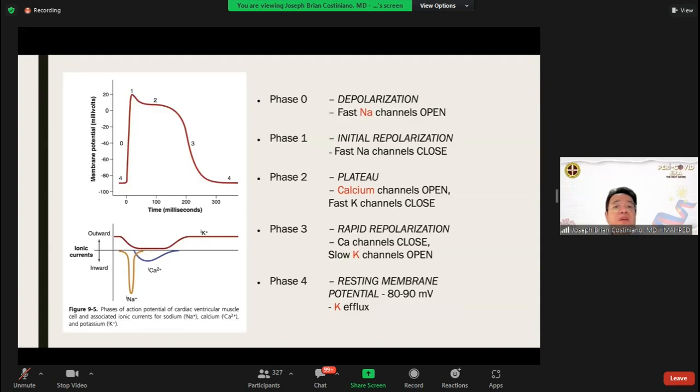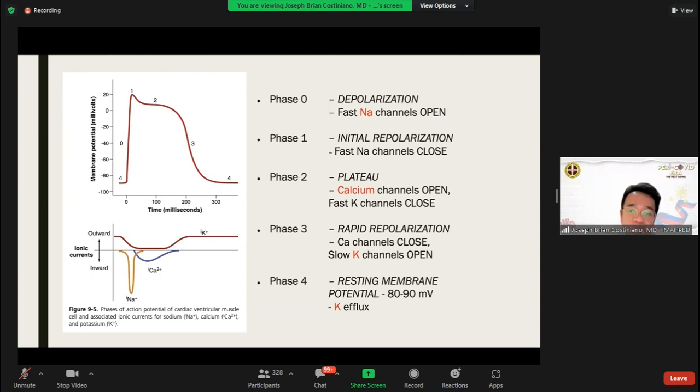So, phase 0 is depolarization. And when you talk about depolarization, that is the time wherein your fast sodium channels begin to open. So yung sodium natin nagra-rush in towards your cell. Inward rushing of your sodium.